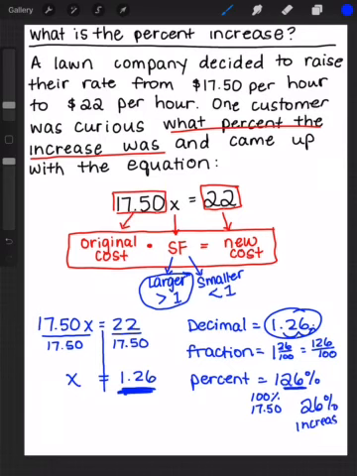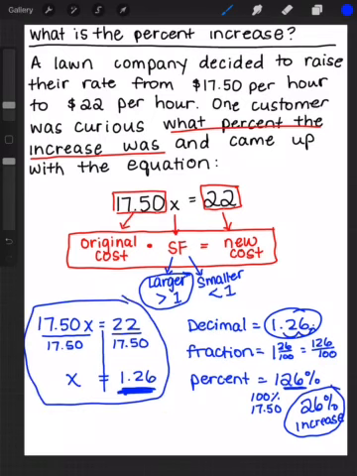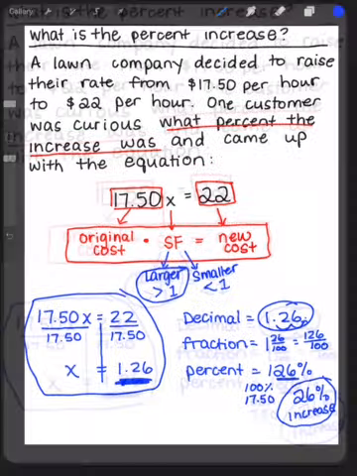So the price of the lawn care increased by 26%. Again, when you solve your equation, your scale factor will come out to be a decimal or a fraction, and you then have to change it to a percent to answer the question. All right, let's look at another one.